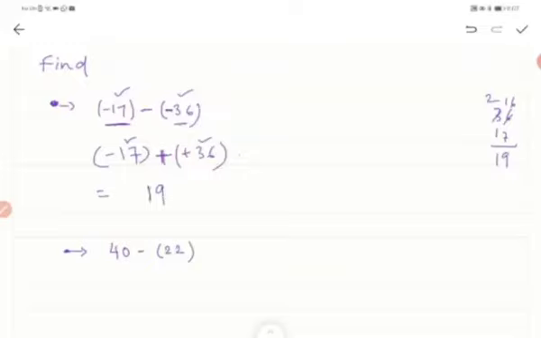What should be the sign now? The sign should be that of the bigger number. Between 17 and 36, which is the bigger number? It is 36, which is positive, so I will take positive.